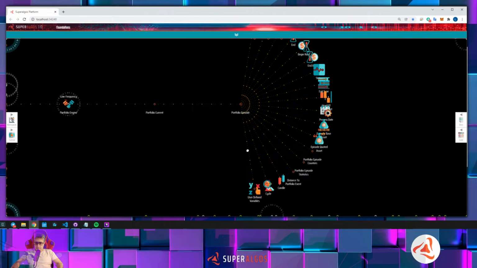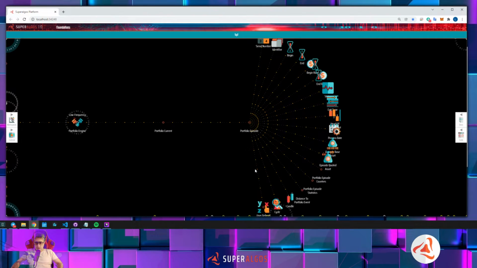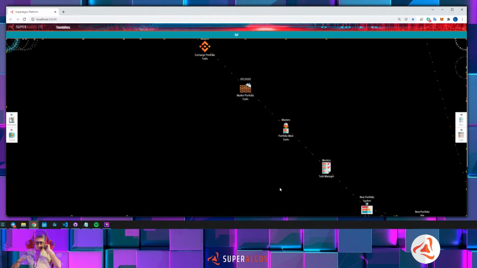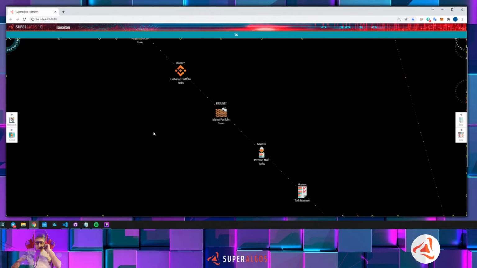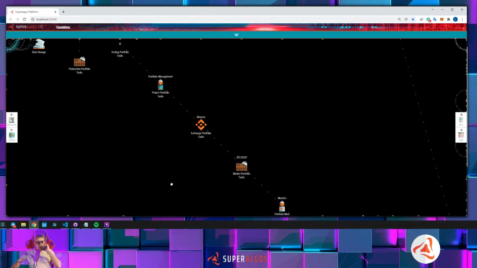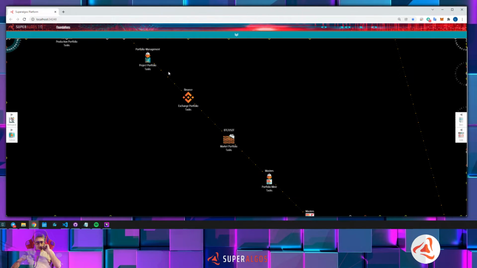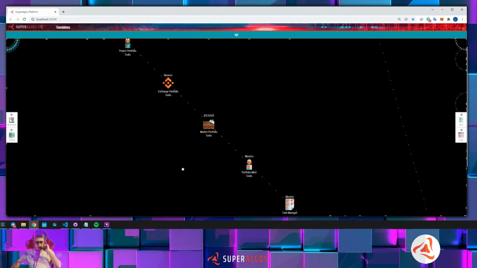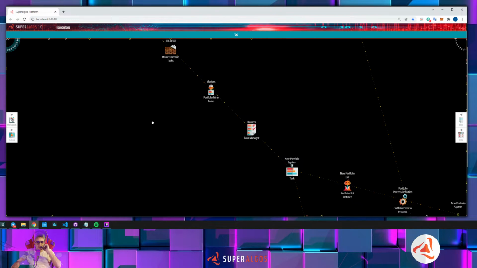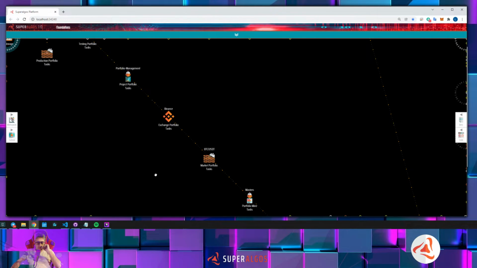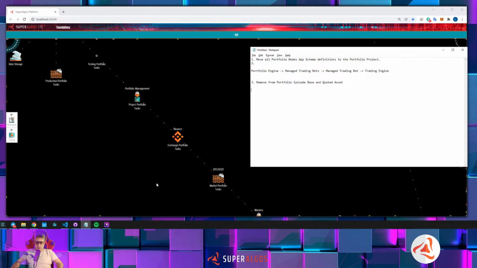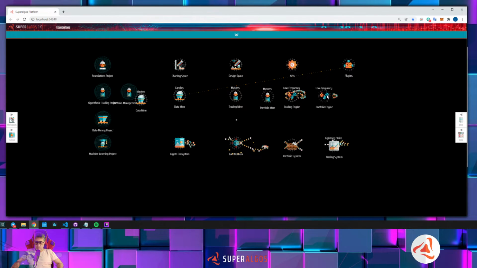Remove it from there because the portfolio cannot have a base or quote asset. It doesn't make sense. That means that having a default exchange doesn't really change either, but we are not going to touch that for now. So let's come back. Portfolio engine.